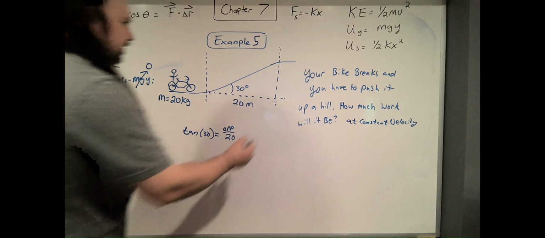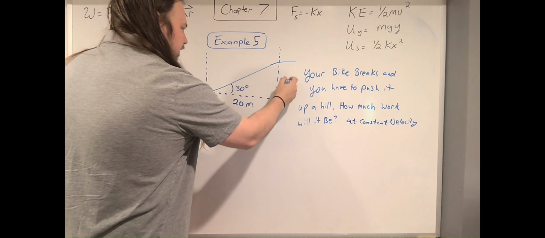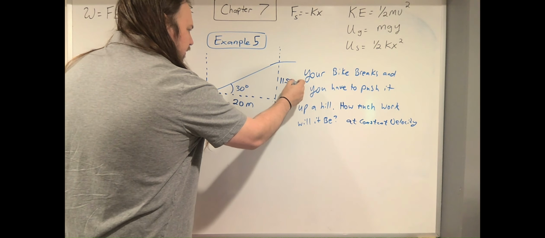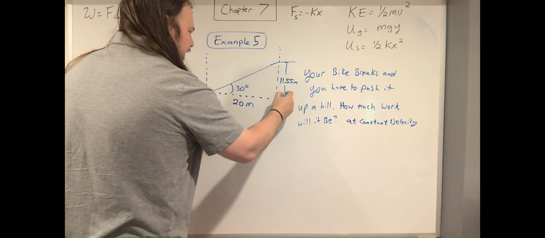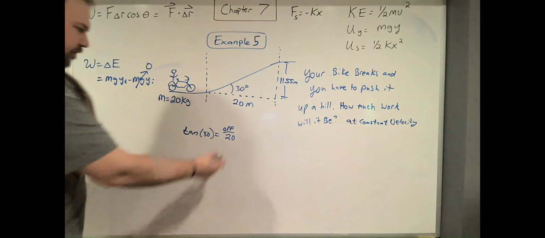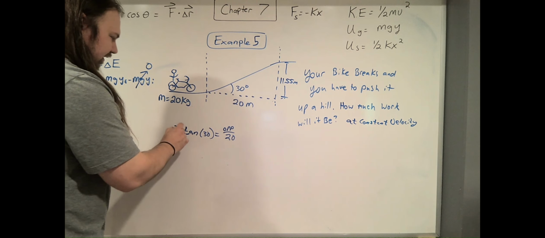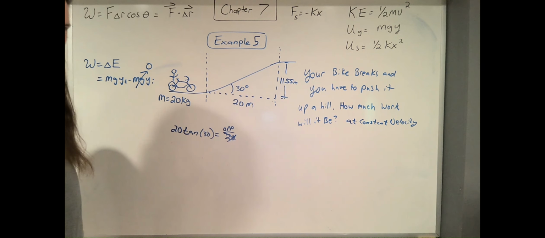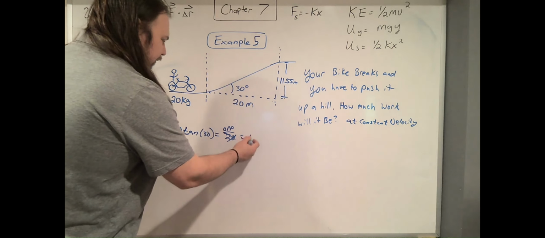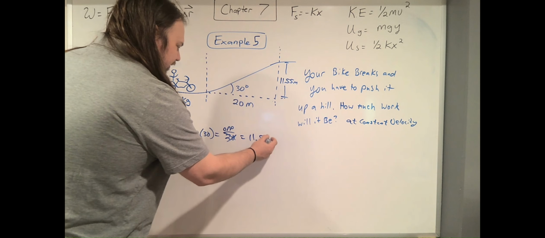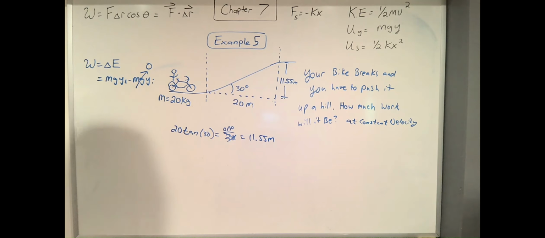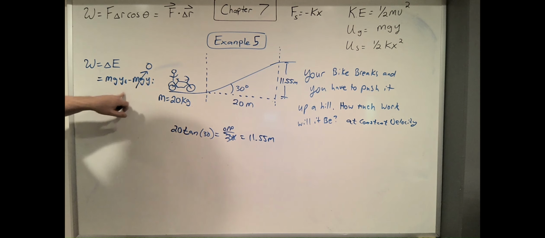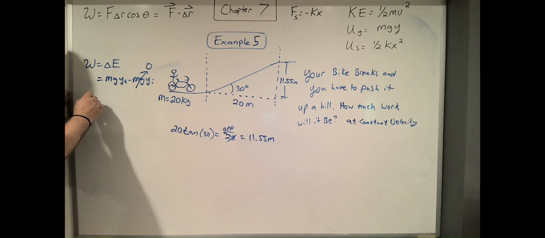Okay, so the height on this thing is 11.55 meters. And that's by putting the 20 to the other side, taking the opposite. Opposite is then equal to 11.55 meters. Okay. Anyway, so now I have the height change, right? Which means my final is going to be 11.55 meters higher than my initial.